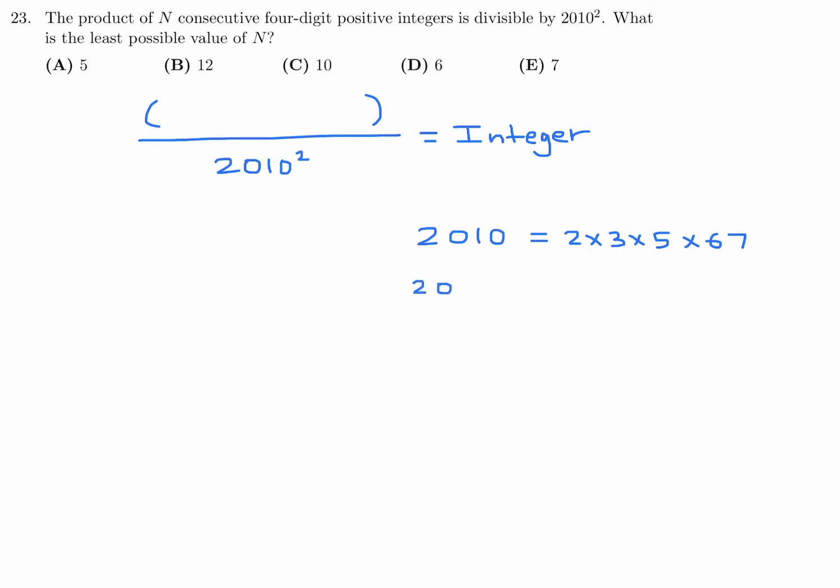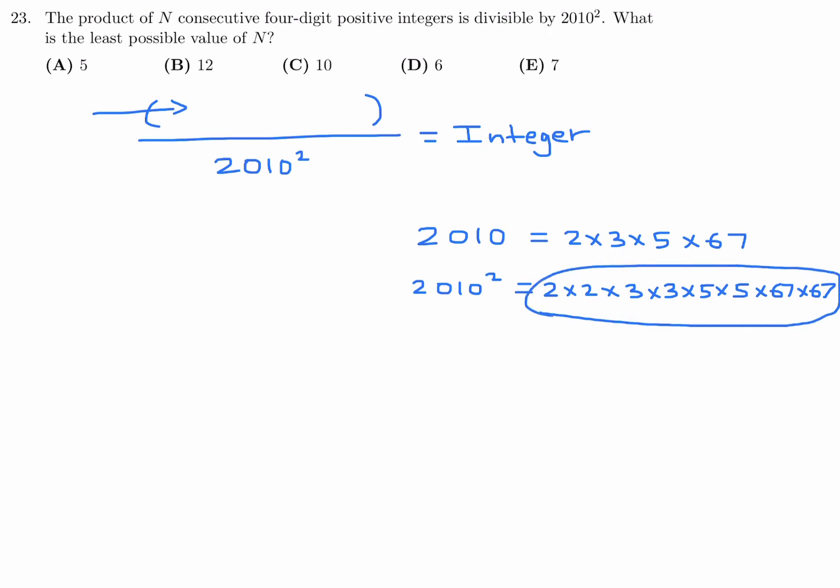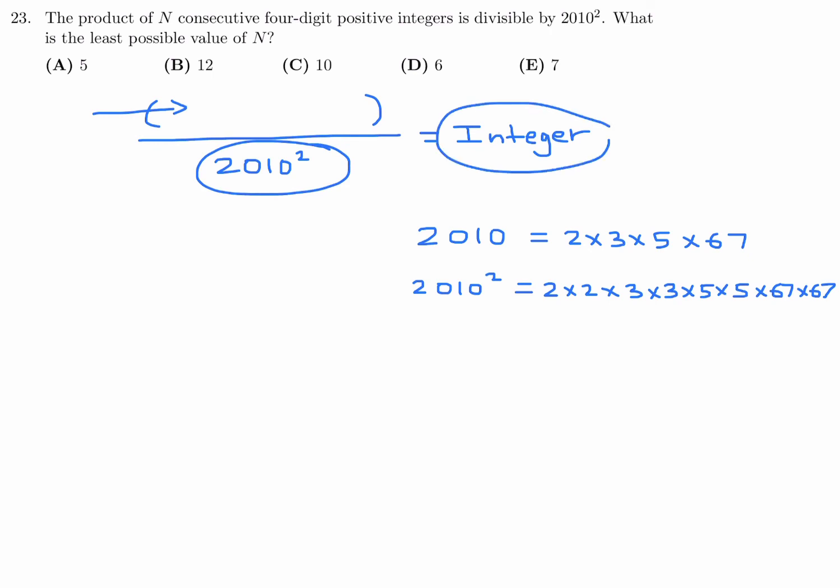So 2010 squared is basically 2 times 2 times 3 times 3 times 5 times 5 times 67 times 67. So this numerator has to include all of these. If it does, when you divide by 2010 squared, it will give you an integer.